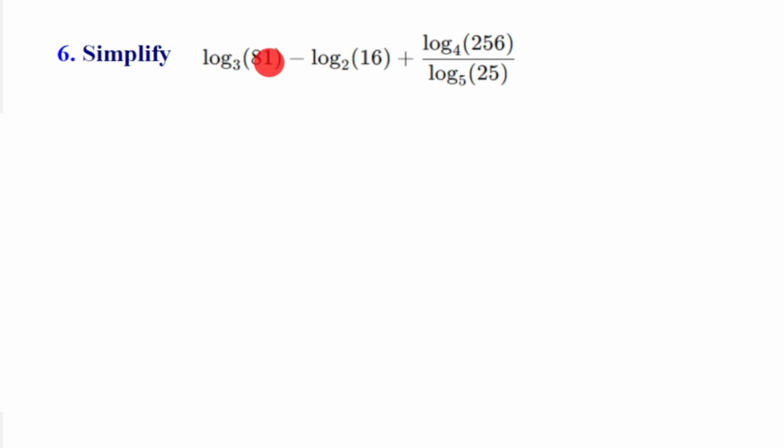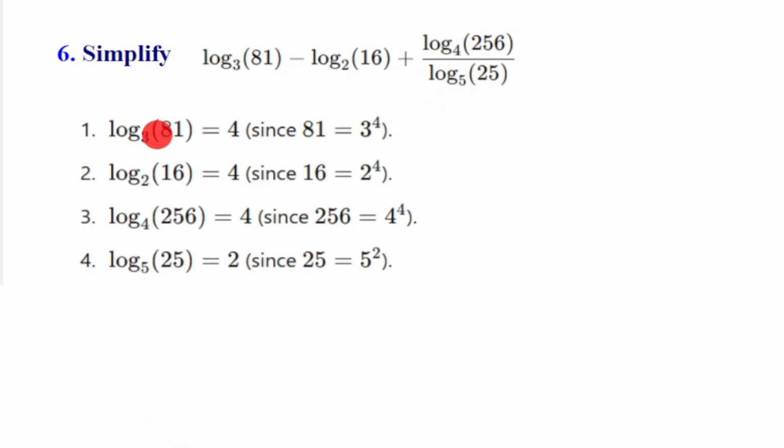6. Simplify log base 3 of 81 minus log base 2 of 16 plus log base 4 of 256 over log base 5 of 25. Log base 3 of 81 is 4, since 81 equals 3 to the power of 4. Log base 2 of 16 is 4, since 16 is 2 to the power of 4.